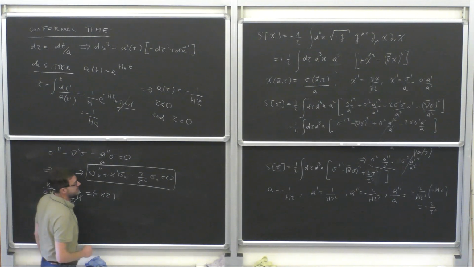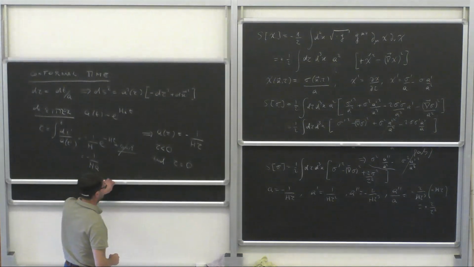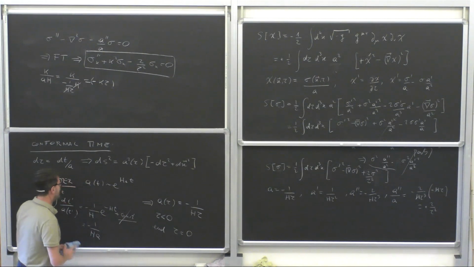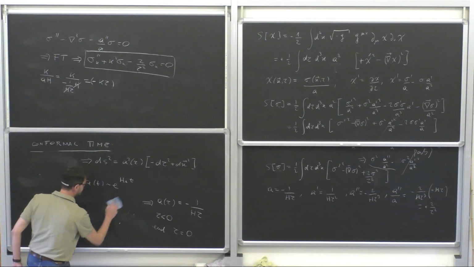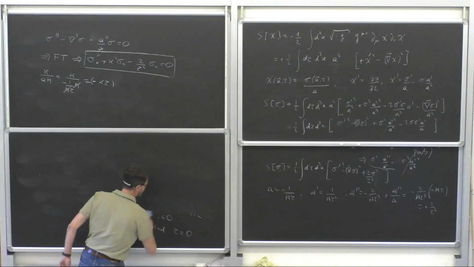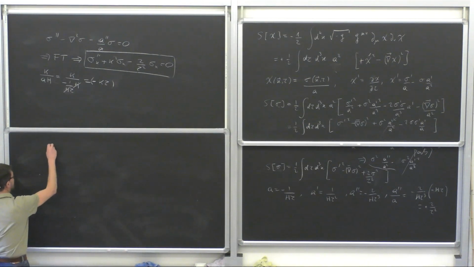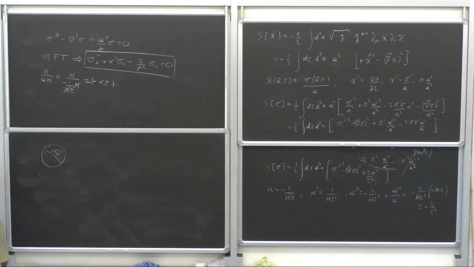Okay, so now let's go back to this picture of the Hubble radius versus the wavelength, because now it really becomes much more clear what is going on. Suppose that I have a Hubble radius, and again, suppose that the wavelength is much smaller than the Hubble radius. What does it mean?